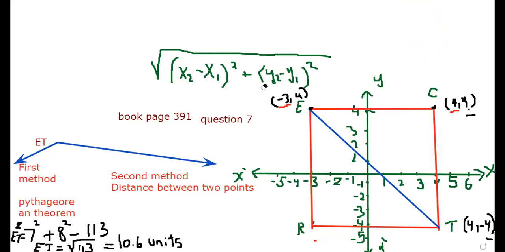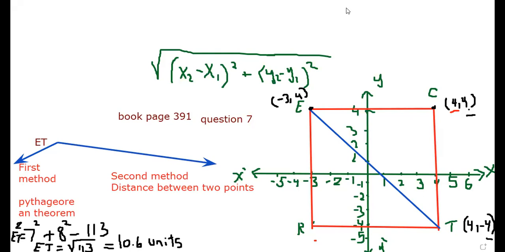I will use only the distance formula, which I wrote at the top here: square root of x2 minus x1, y2 minus y1. For which 2 points are we going to work, grade 8? E and T only.